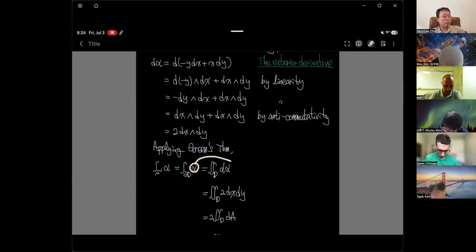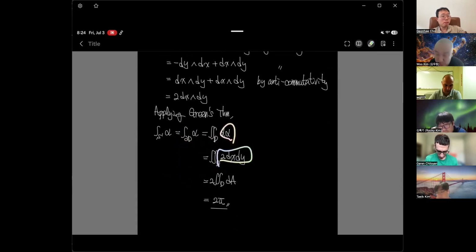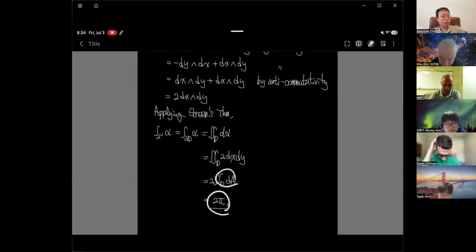So alpha is going to be d alpha, and the curly D is going to be D, the unit disk. So on this unit disk, we had d alpha as 2 times dx dy. And then we can factor out 2. This is the same as earlier, just the area. So we have 2 pi, which means it's the same value.